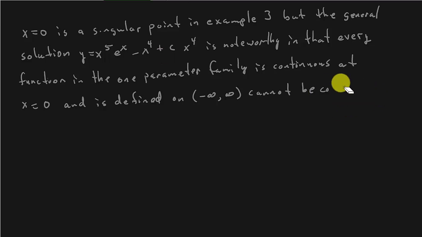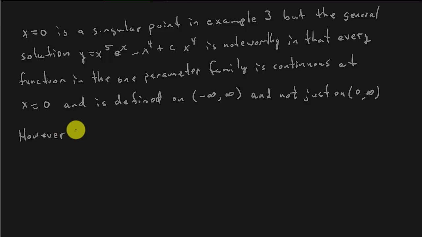Let's see. It's noteworthy that every function in the one parameter family is continuous at x equals 0 and is defined on that, and not just on 0 to infinity. Because remember, we did 0 to infinity in that last example.